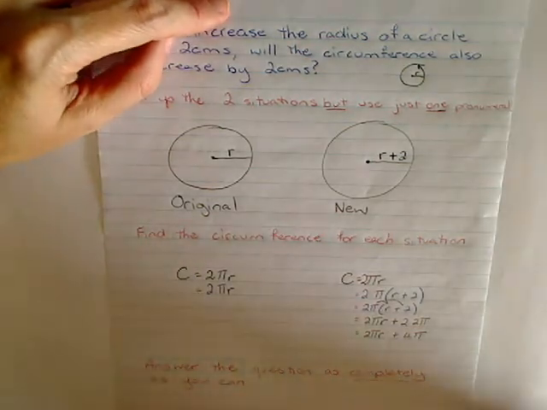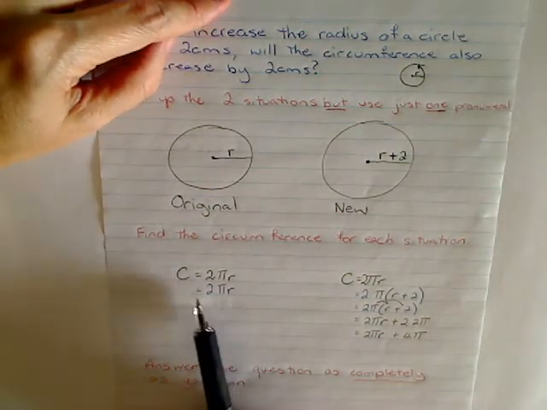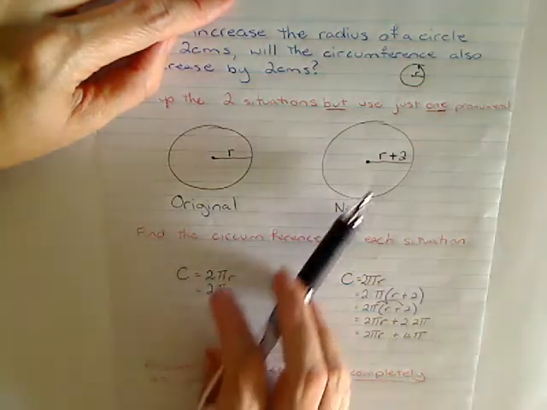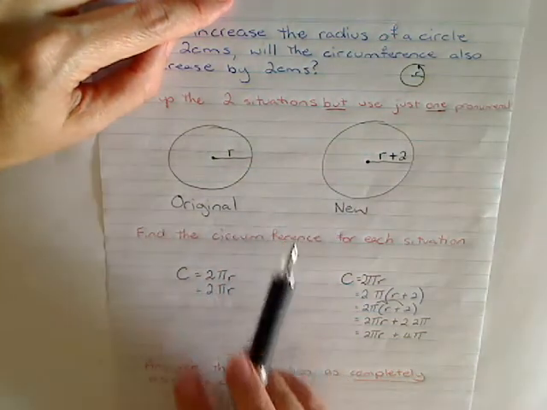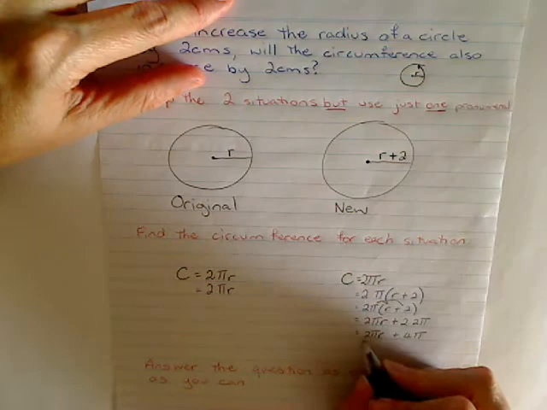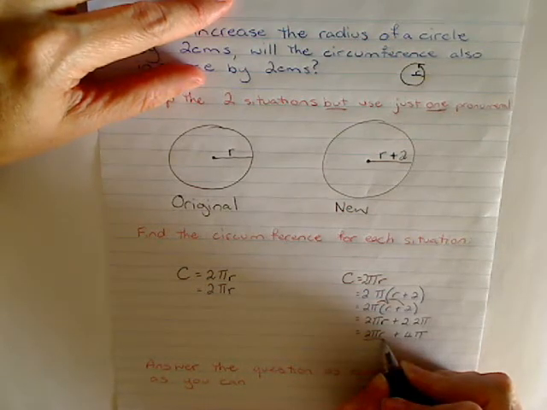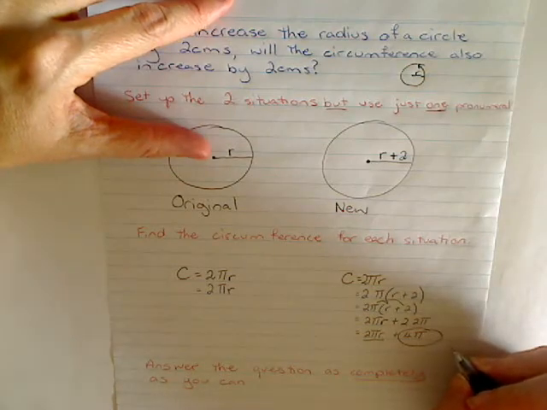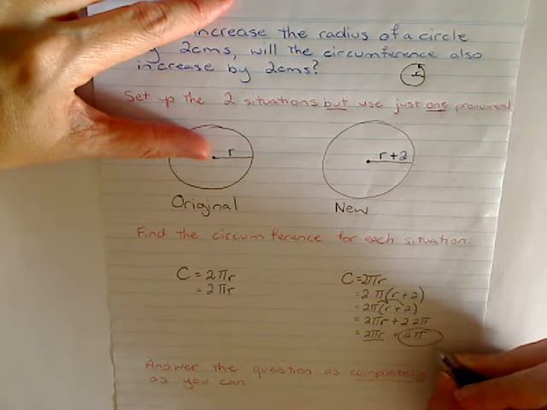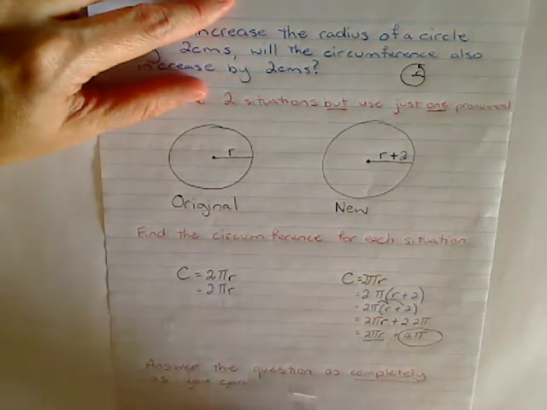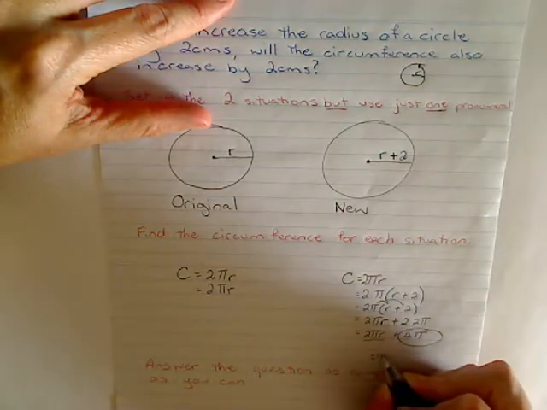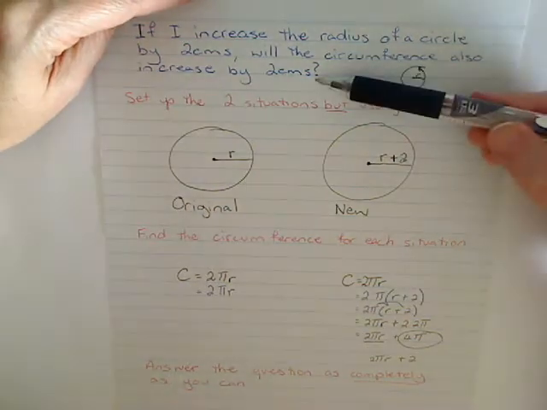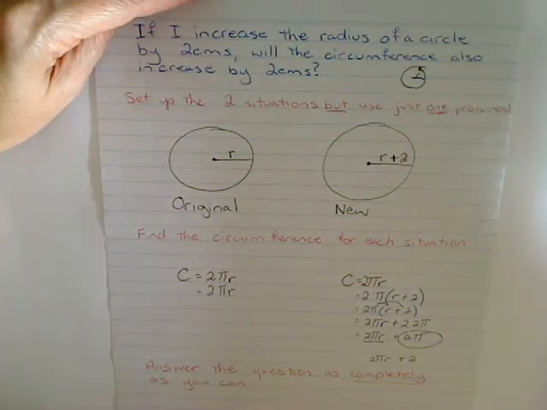So now we say the old circumference was 2 pi r, and if I was to add 2 centimeters to the radius, the new circumference is still 2 pi r, that's the old one, and 4 pi. That's much, much bigger than what we said, which was, we were wondering, would it be 2 pi r plus an extra 2? We were wondering, would it also increase by 2 centimeters?